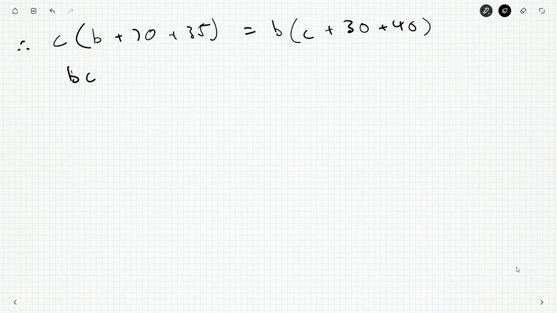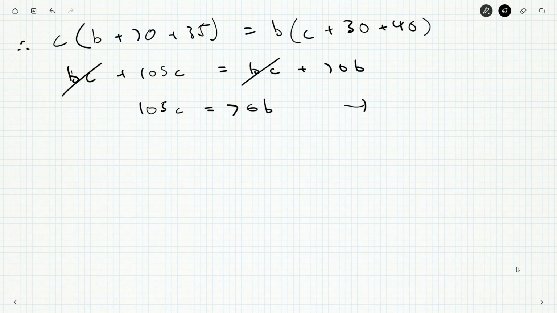So we'll just write 105C must be the same as BC plus 70B. Those two cancel out. So 105C is 70B. Or another way to say that, divide both sides by 7, you'll get 35C is 10B. Divide both sides by 5, you'll get 7C is 2B. And I guess you can say that C is 2/7 B.